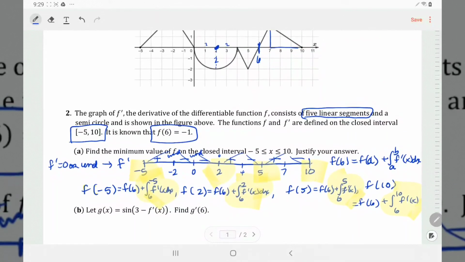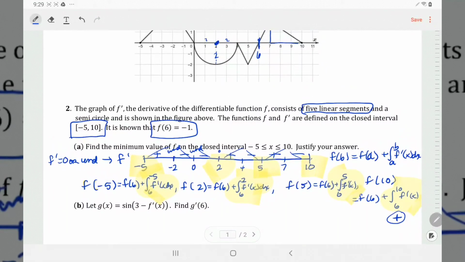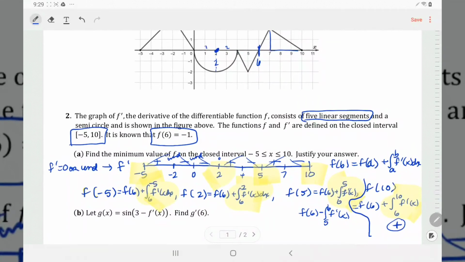So I'm thinking 6 to 5. Okay, that would be backwards though. So that would be f of 6 plus the integral from 5 to 6 of f prime of x. Oh, but negative, right? Don't we have to switch the sign here? So that would be a minus. So 5 to 6 is negative, a triangle, negative for the below.